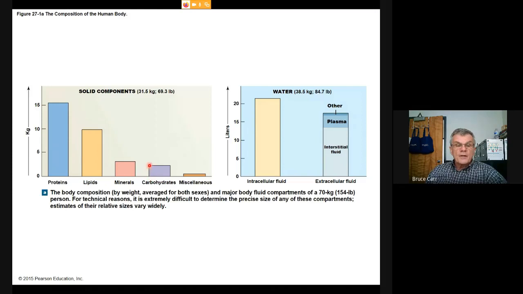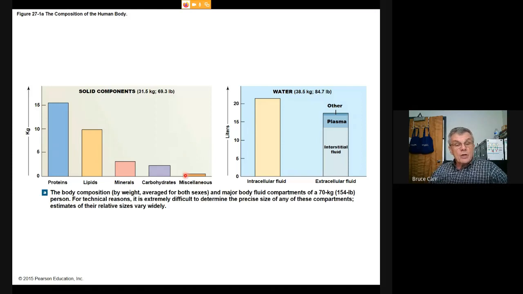Carbohydrate is wonderful as quick energy, and because it's so sweet, we notice it. You'll notice it doesn't compare to proteins or lipids in its total content. Finally, we have all the rest, lumped together here in miscellaneous, meaning that, if you're generous, 1 kilogram represents the huge mixture of other molecular types that are present.